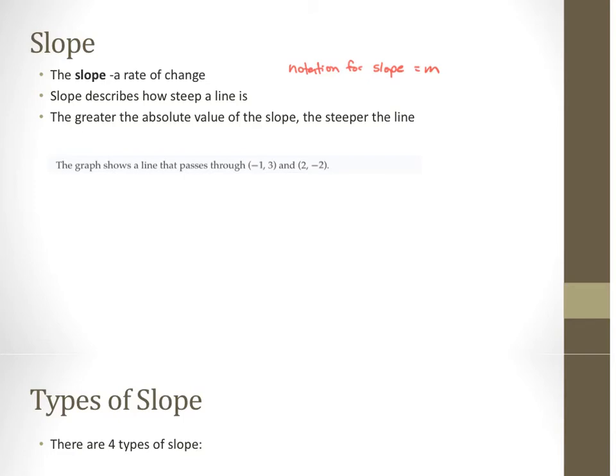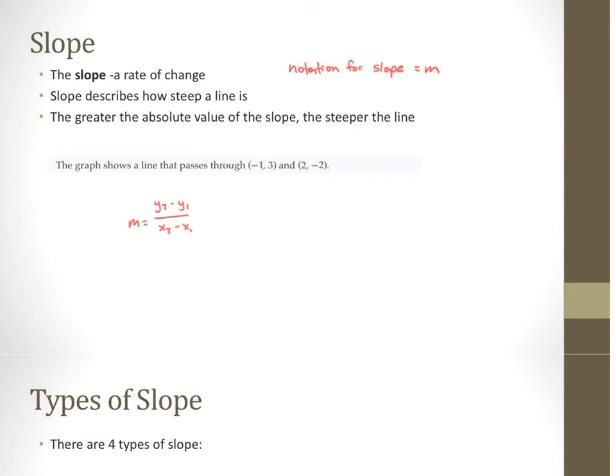Now to find slope, you only need 2 points. That's all you need, 2 points. Because the equation for slope is y2 minus y1 over x2 minus x1. If you're having flashbacks to middle school, excellent. If you're not, this equation still makes sense because rate of change is the change in y over the change in x.